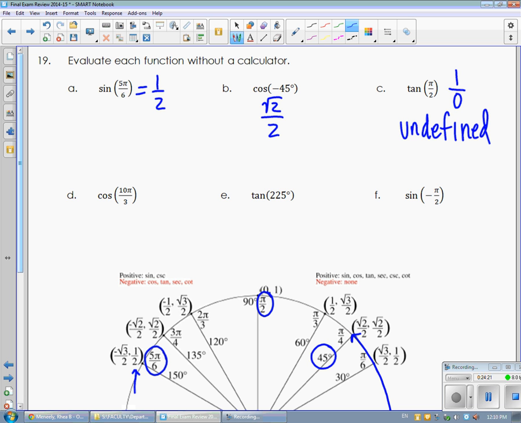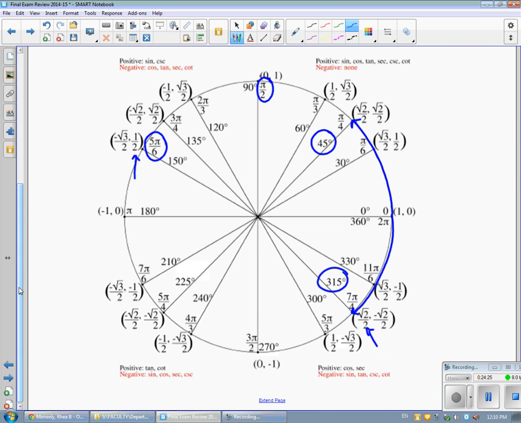All right, in letter D, we've got the cosine of 10 pi over 3. So let's see, is 10 pi over 3 on the unit circle? The most I get is 5 pi over 3. So 10 pi over 3 isn't on the unit circle, and we have to figure out a different way to do this. If I think about it, this is 1 pi over 3, and this is 2 pi over 3.